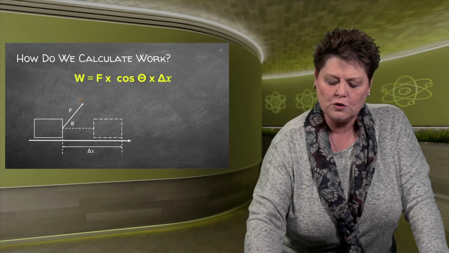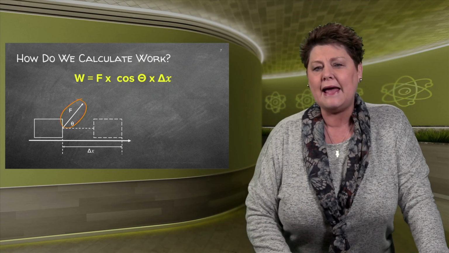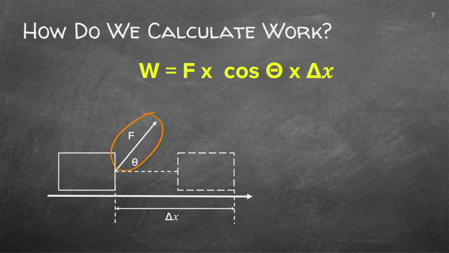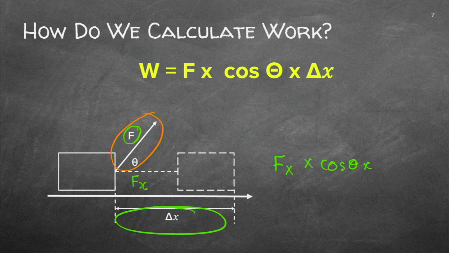If I've got a force being applied at an angle, remember you'll have to see that the displacement is in the horizontal. So it's not the F that will cause the displacement. It's actually the component in the X direction. So again, the Fx times the cos angle times delta x.